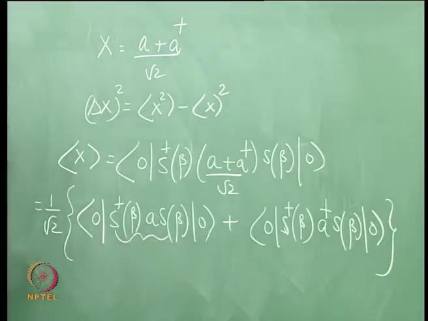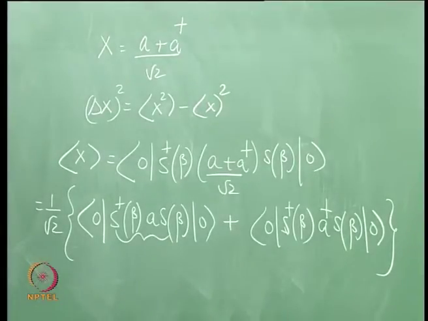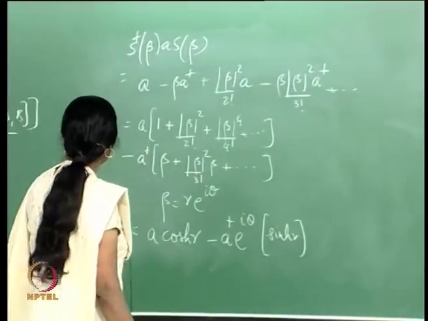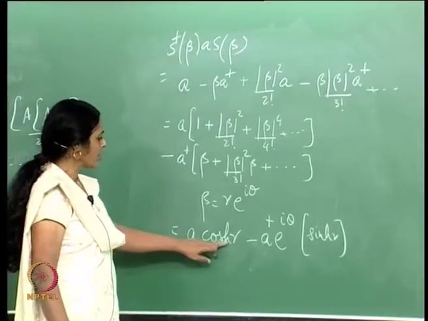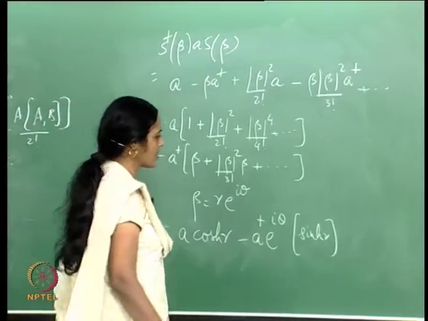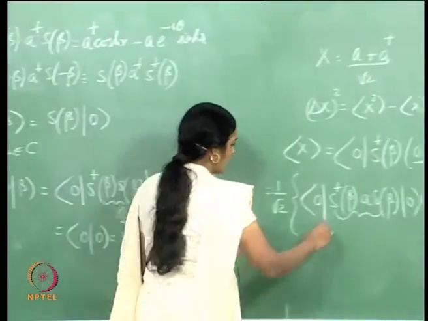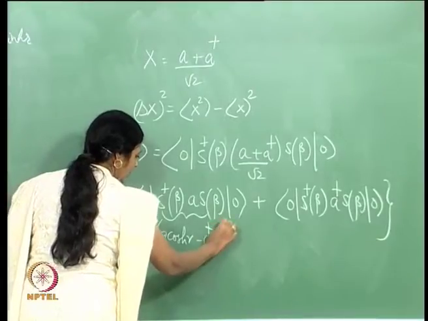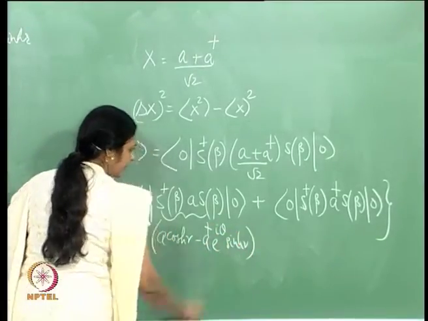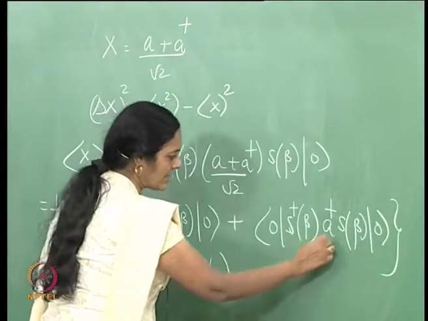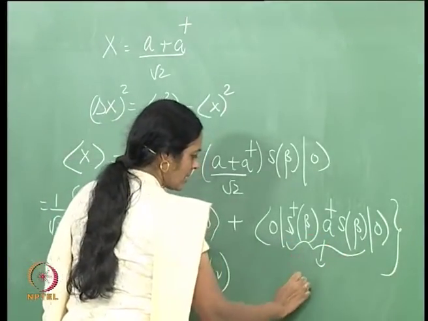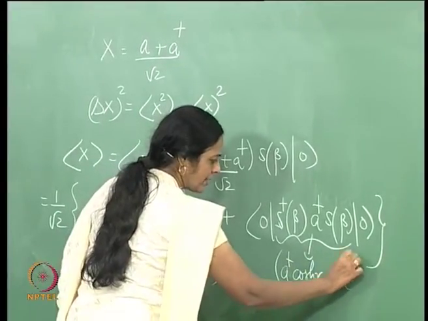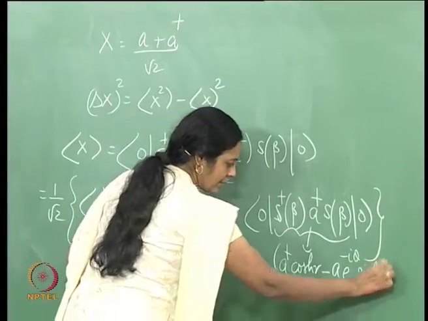This object is known to us. S dagger of beta A S of beta is out here. It is A cos h r minus A dagger e to the i theta sin h r. So, this is A cos h r minus A dagger e to the i theta sin h r, and S dagger of beta A dagger S of beta, this object is A dagger cos h r minus A e to the minus i theta sin h r.